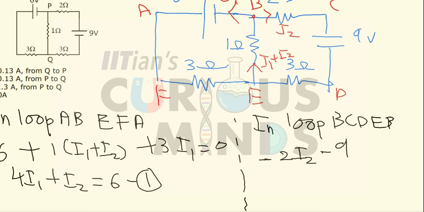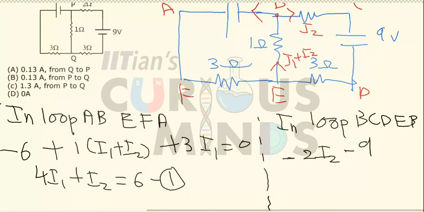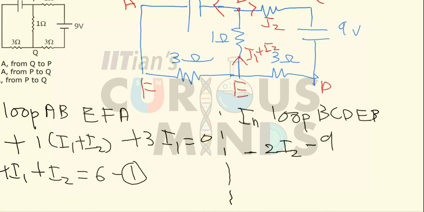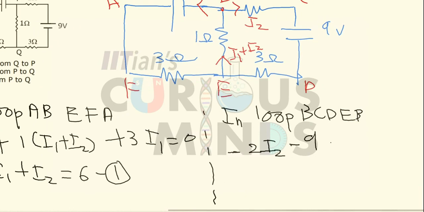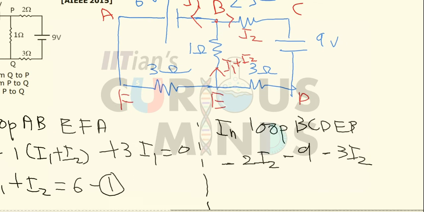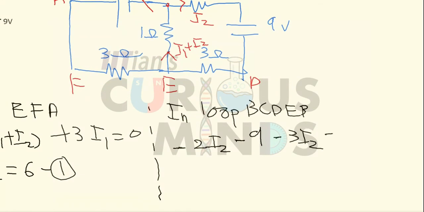While going from D to E, it will again be negative 3 I2. While going from E to B, we are going in the direction of the current, so this will be negative 1 (I1 plus I2), equal to 0.